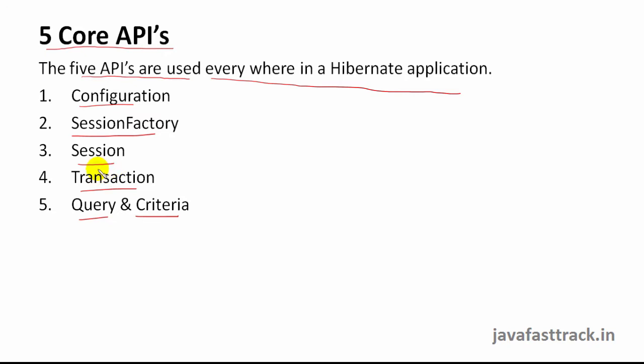Right now, I will not explain about transaction, query, or criteria. About that, we'll be learning in the further tutorials. Right now, I'll explain only about the 3 core APIs: configuration, session factory, and session.